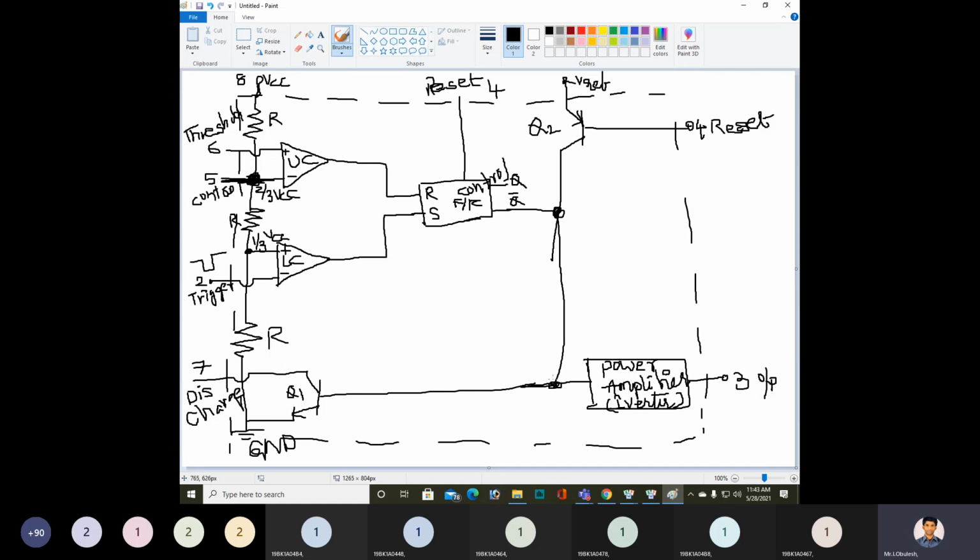Now we need to know the entire description of this block diagram. You know in the previous statement it consists of 4 blocks. From the block diagram we need to see that here we have comparators.